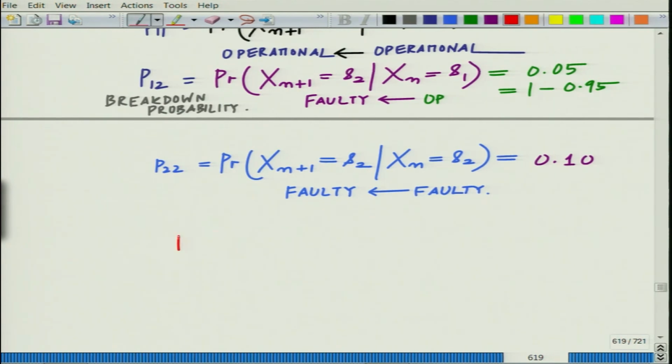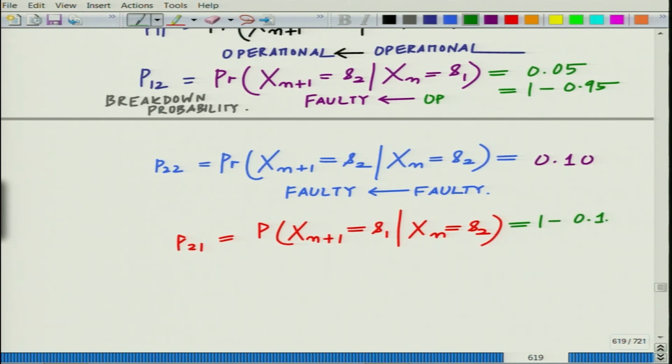Therefore, P21, the probability of it being repaired in an hour after breakdown, is probability Xn plus 1 equal to S1 given Xn equal to S2, that is equal to 1 minus 0.10 equal to 0.90, and this is the probability of repair.